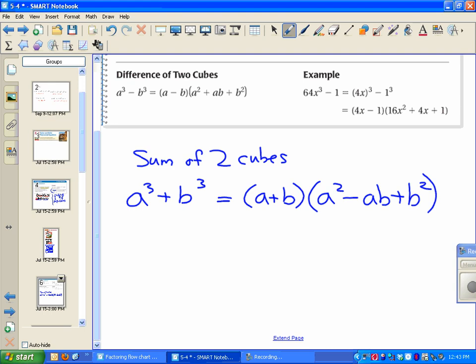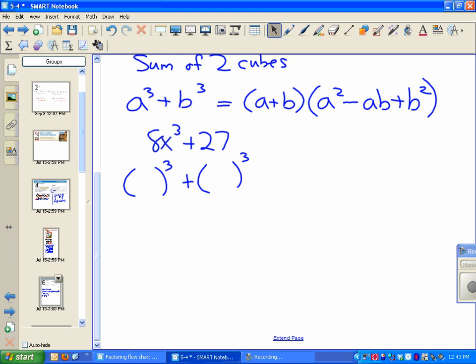And then for our example, we have 8x cubed plus 27. So basically we need to figure out what's being cubed for 8x cubed, and we need to figure out what's being cubed for 27. If you don't know that right away, that's okay. By the time you get done with guided practice, you should have a pretty good idea of some basic cubes.